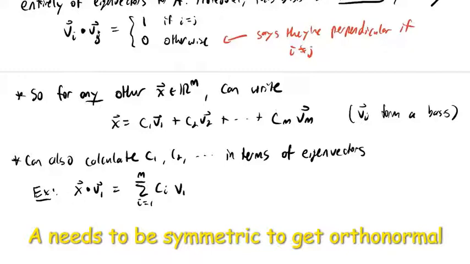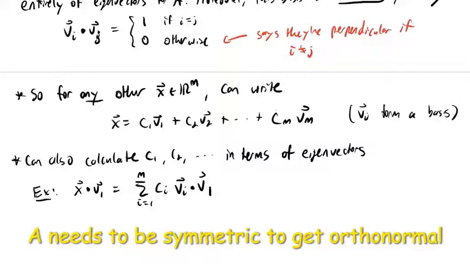Because I'm taking the dot product with each of the terms above, I get c1 v1 dot v1 plus c2 v2 dot v1 plus c3 v3 dot v1, and so on until I hit the end. That's just the sum I've written here.